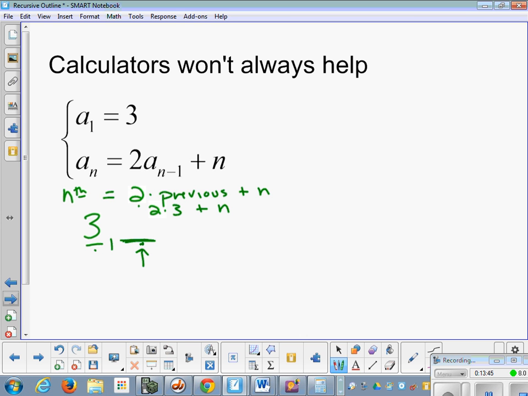If I'm looking for the second term, then n is 2. So I go 2 times 3 plus 2 is 8. It's a little confusing. Let's try this again. In order to find the third term, give myself some space here.